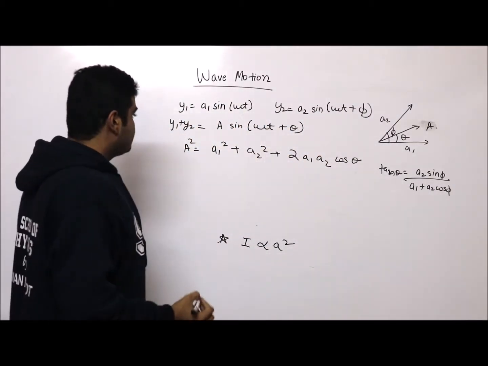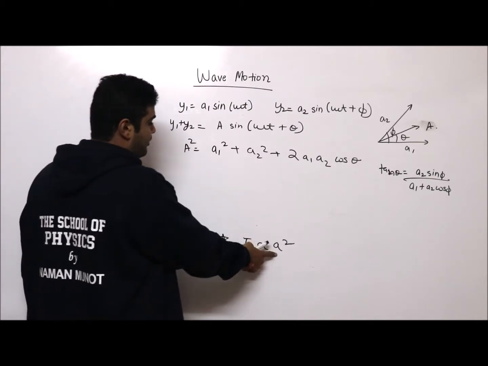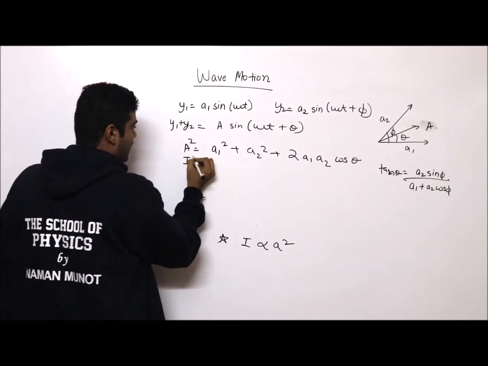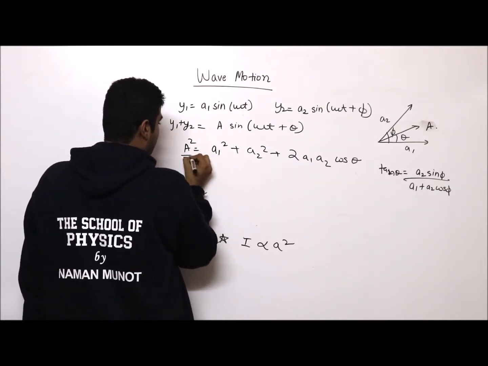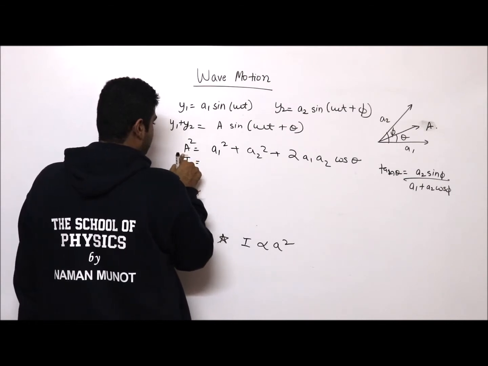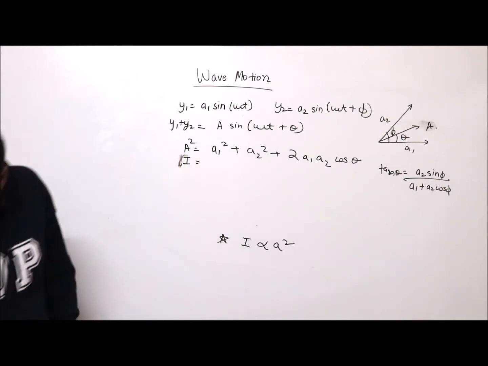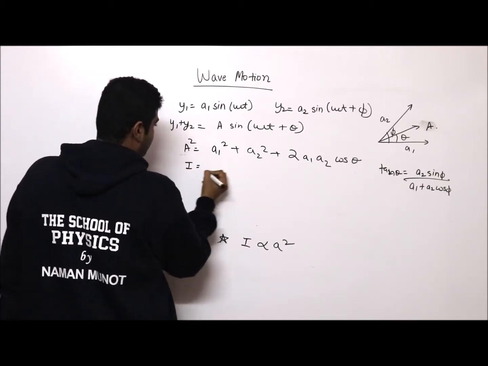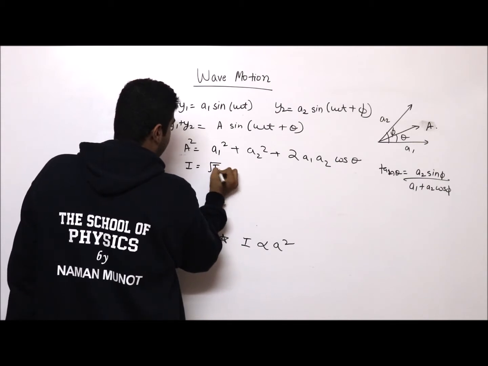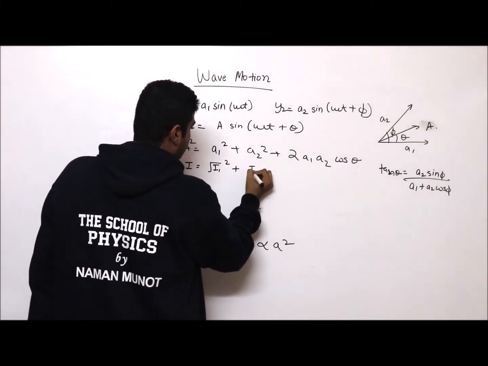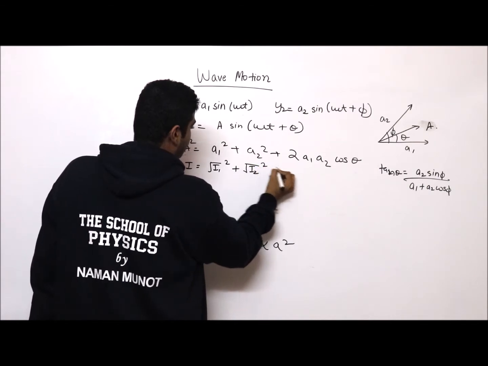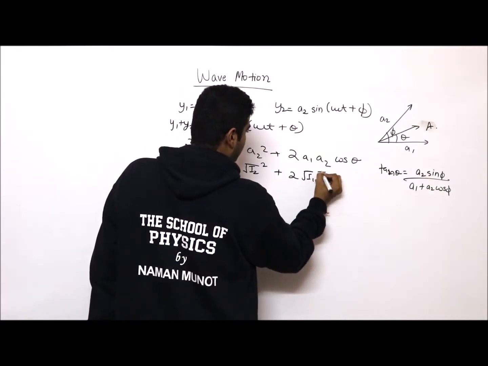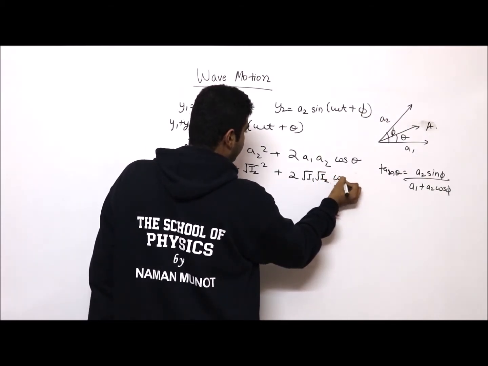As we remember, I is directly proportional to A square, so we say I is equal to under root I1 square plus under root I2 square plus 2 under root I1 under root I2 cos of theta.